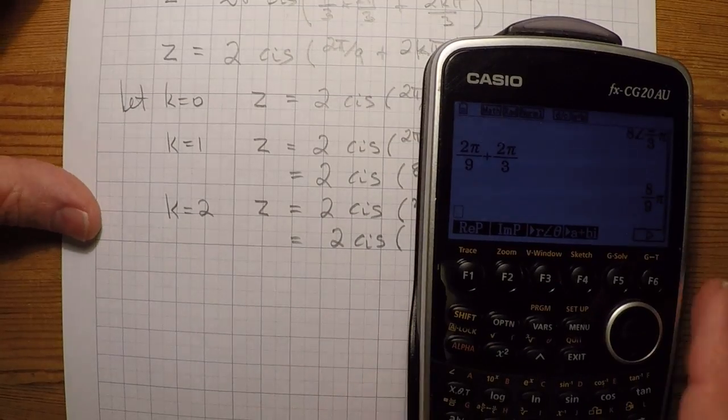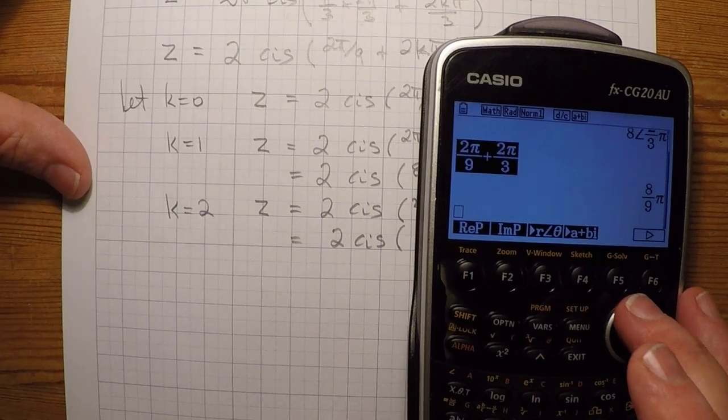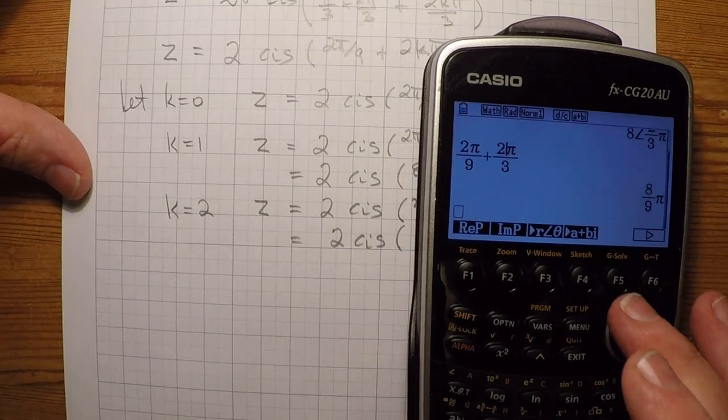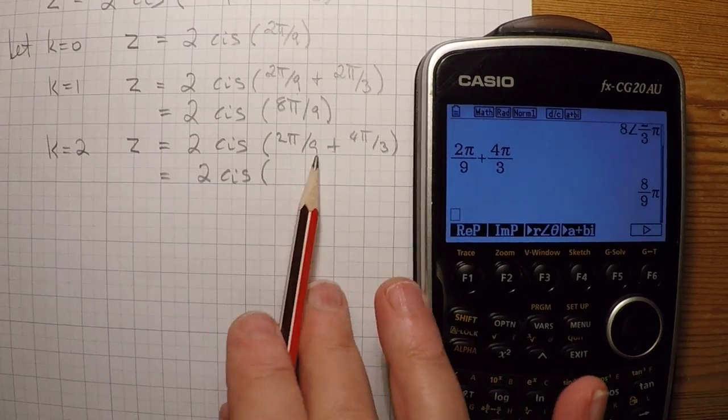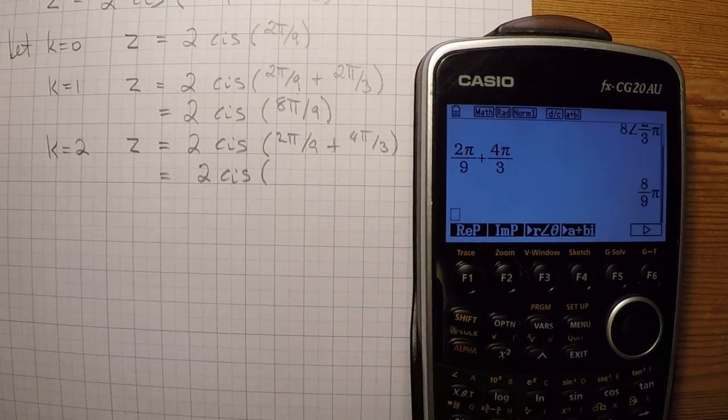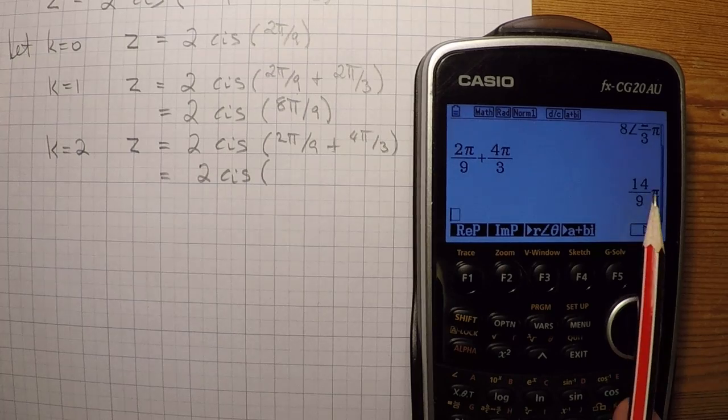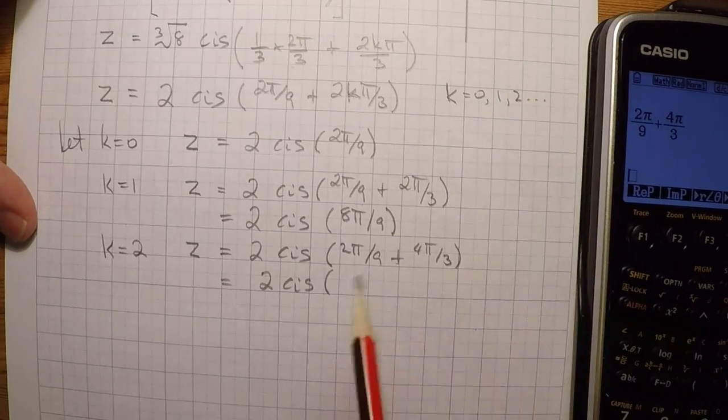Once again, we can just go back and modify this last one. So we had 2 pi over 9 plus 4 pi over 3 becomes 14 pi over 9.